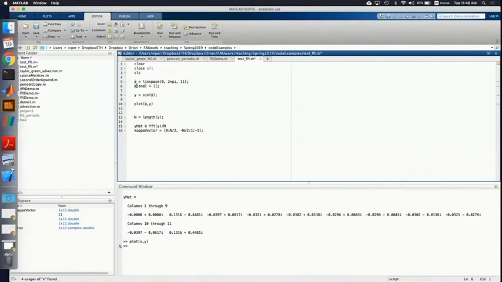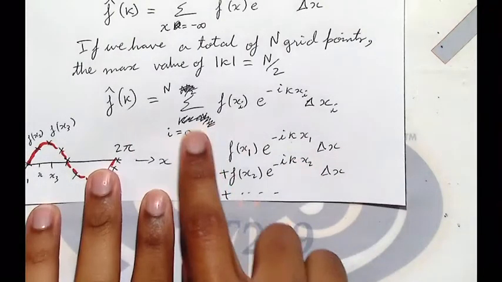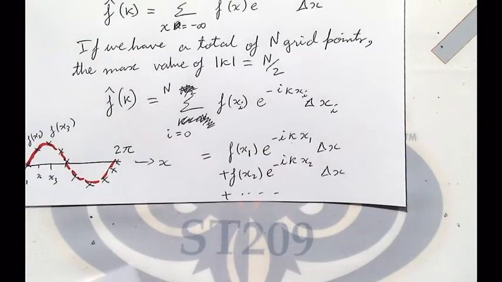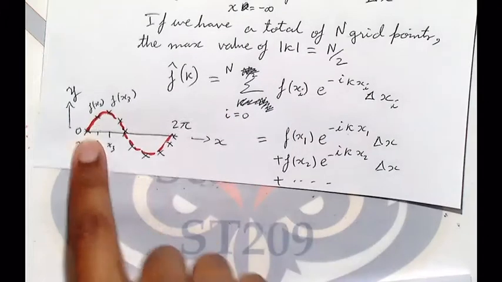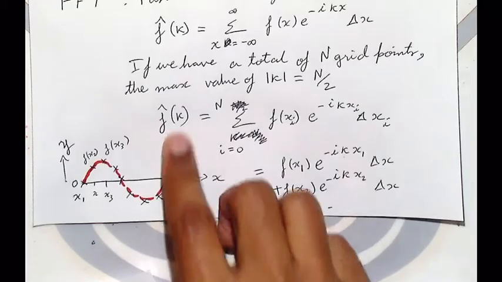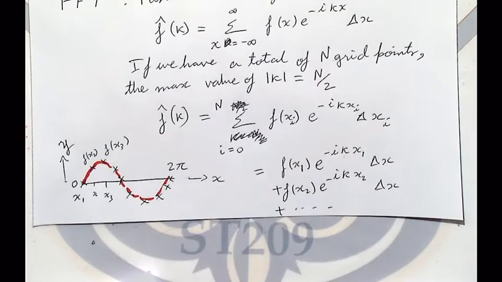So FFTW is a library. It's called the fastest Fourier transform in the West. That's the name. And I think it was coded at MIT, I forget, in the 90s. And it's the fastest implementation of doing this, the summation that you were talking about. Let's switch to the camera for a second. See, this summation is expensive because you have to go all the way from x equals 0 to L, and you have to keep doing this for kappa equal all the values that you need.